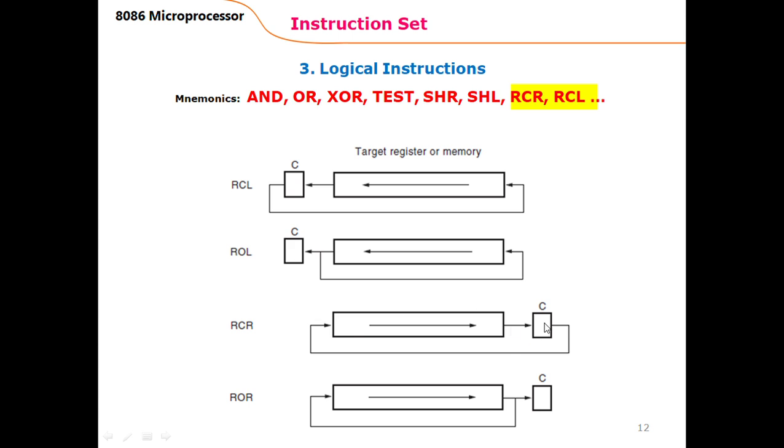So with each rotation, the carry is moved to the leftmost bit, and the rightmost bit of the value is moved to the carry. And in case of rotate right, the carry is bypassed, the carry flag is bypassed. With each rotation it is updated, but that value is not moved to the leftmost bit, just like with the rotate left without passing through the carry.